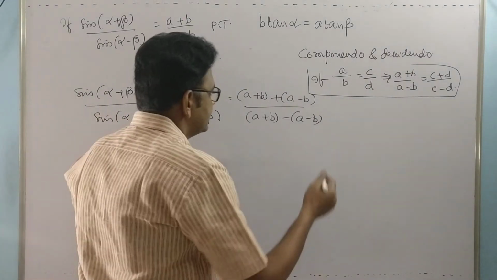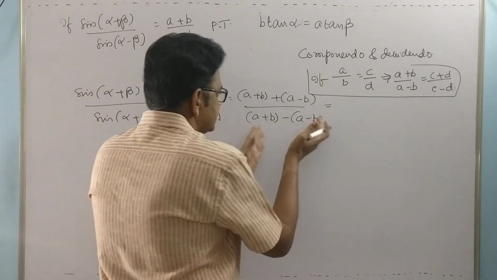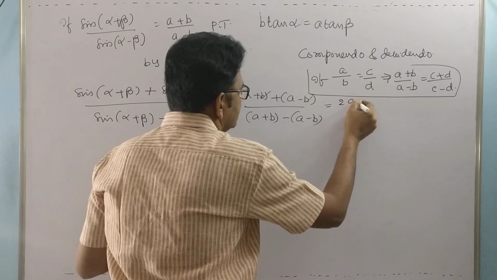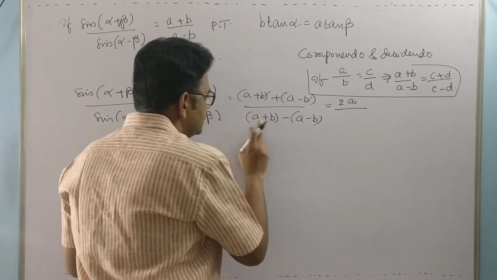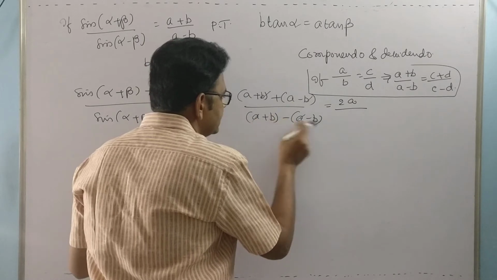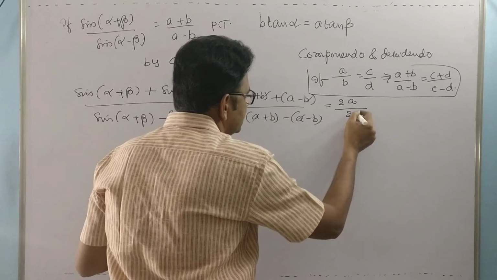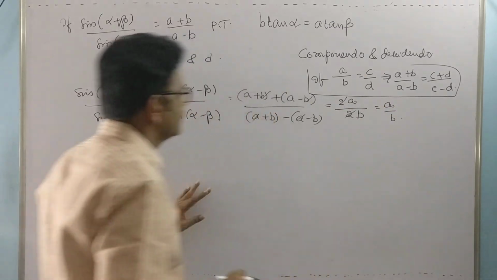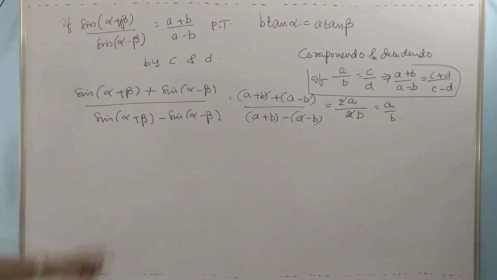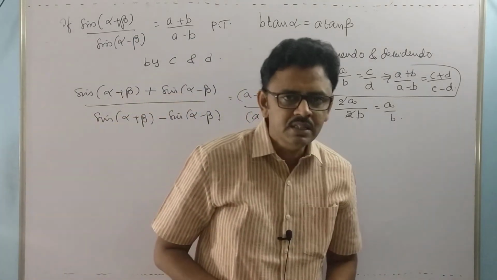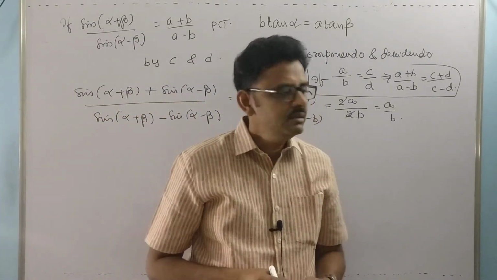Okay, for this side, B gets cancelled, 2A by A plus B minus A plus B. So A cancels, minus of minus, this is 2B. So this gets cancelled, that is A by B. Now sine of A plus B plus sine of A minus B, you write the expansions. I think you know the expansion.